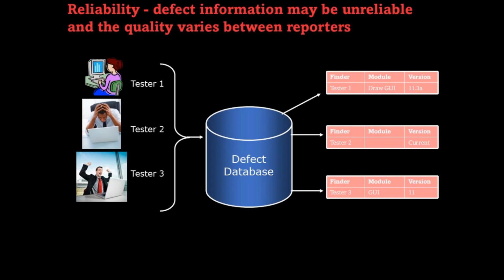Tester 3 gives a report that is incomplete or uses shorthand, leading to potential confusion. This variability affects the reliability of the defect database, making it harder for developers to act on the reports. Standardized automated reporting can address this inconsistency, ensuring accurate and uniform defect data is collected every time.